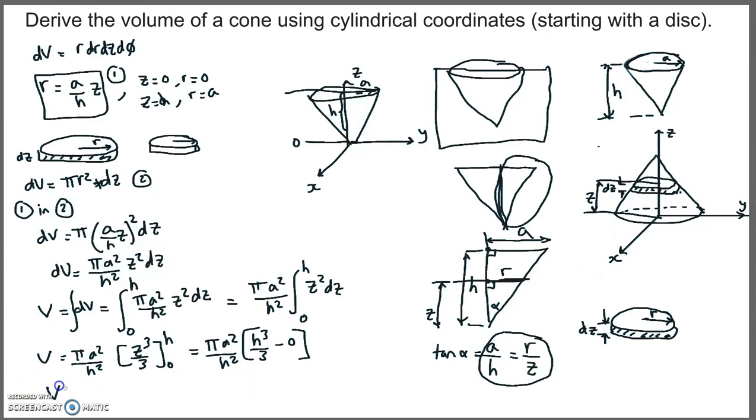So that leaves us with the volume equal to pi a squared divided by h squared times h cubed divided by 3. So these cancel out 2 of these 3 h's, and we are left with one third pi a squared times h. So that is the volume of our cone.